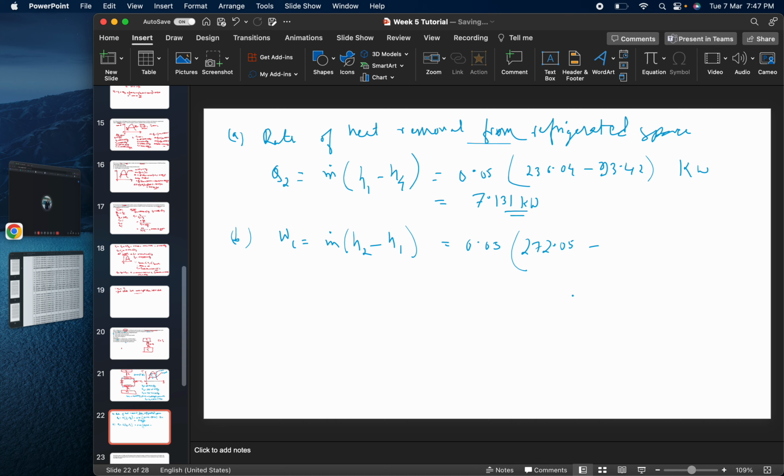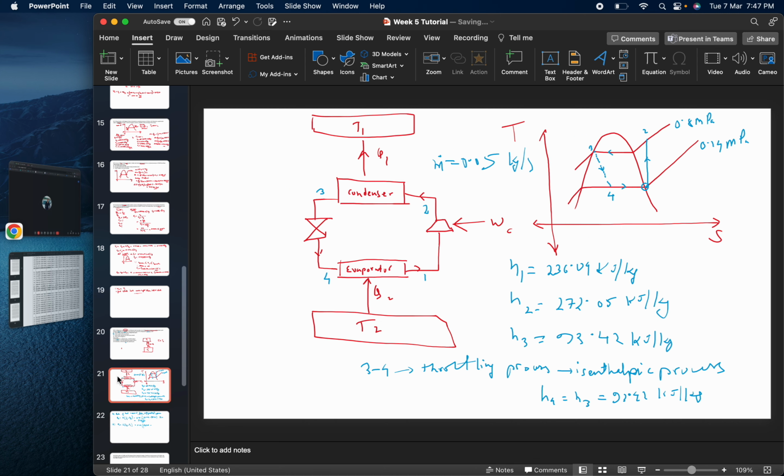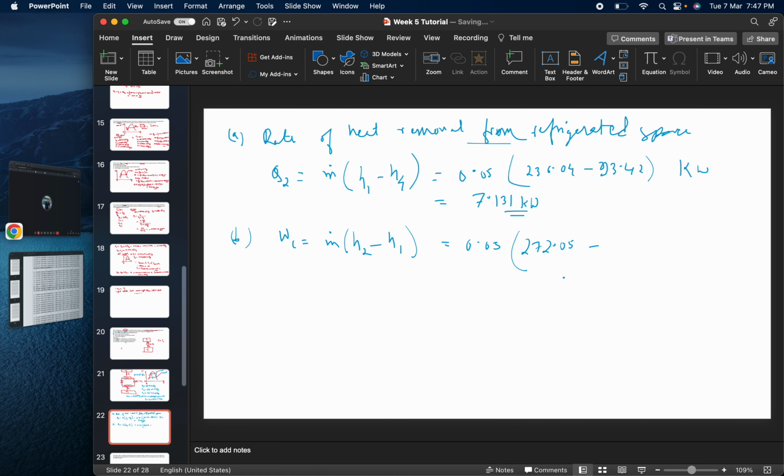So 272.05 minus 236.04, into 0.05, gives about 1.8 kilowatt.